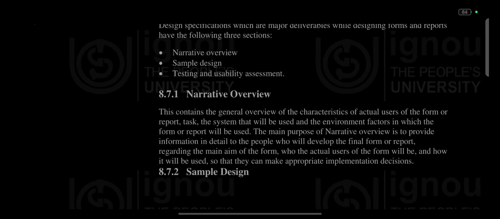The main purpose of the narrative overview is to provide detailed information to the people who will develop the final form or report regarding the main aim of the form, who the actual users of the form will be, and how it will be used, so that they can make appropriate implementation decisions.